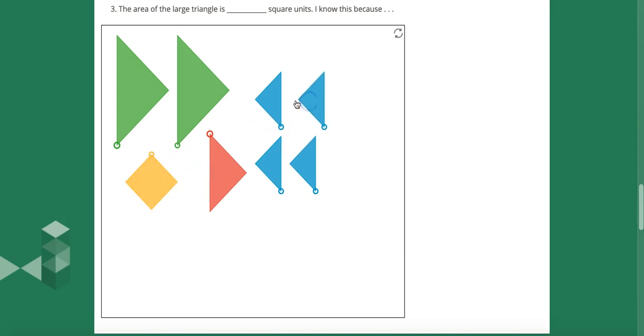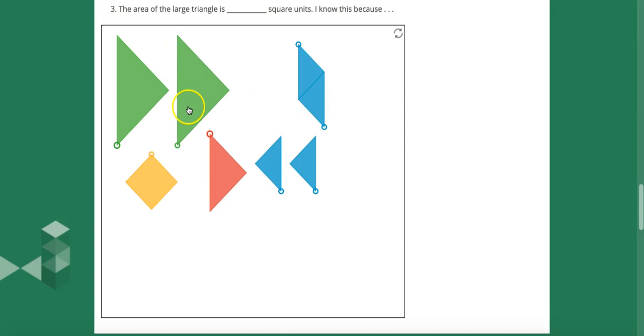We could use these triangles in a lot of different ways to help us figure out how large a particular space is. See, if I put these 2 together like this, does this still have the same area as this triangle? Yeah, they do actually, because 1/2 of these makes up 1/2 of the square. 2 of these makes the square. We've just got these in a different way.